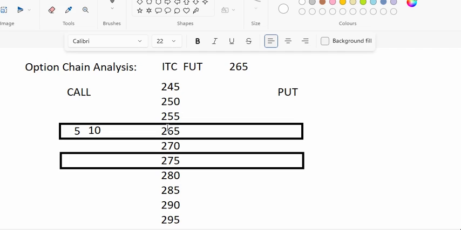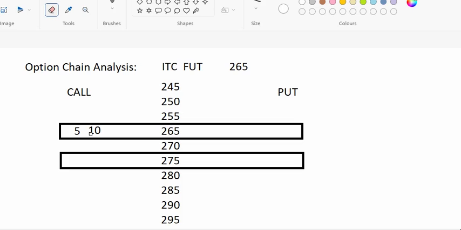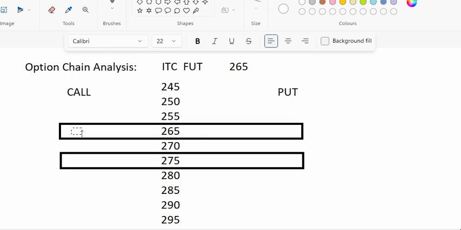That is at the end of the month, right? What if it doesn't move at all? It moves 2 points up, 2 points down, 3 points up, 3 points down, and at the end of the month, it stays at or below 265. So the 5 rupees of option premium that the person paid will become obsolete, will be zero, right? It's going to be zero.